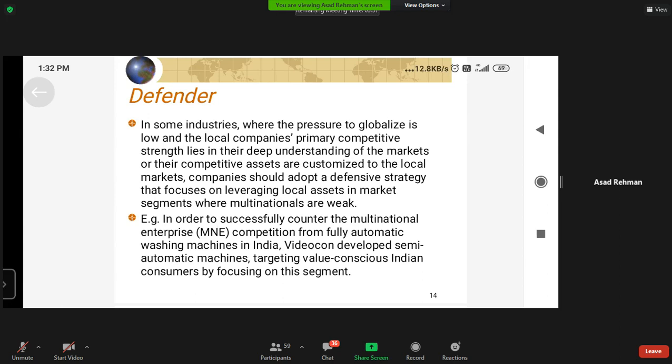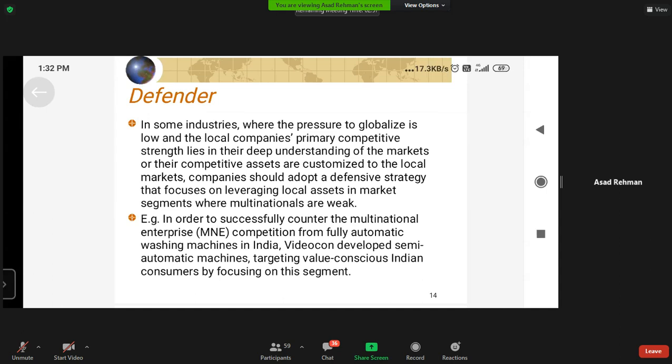So when the international brands like Samsung, Whirlpool, LG started entering the Indian market with fully automatic washing machines, Videocon developed semi-automatic washing machines with a washer and a dryer separately in the same machine, and it started targeting that particular segment of the market which is driven by value for money, or the economy segment, right?